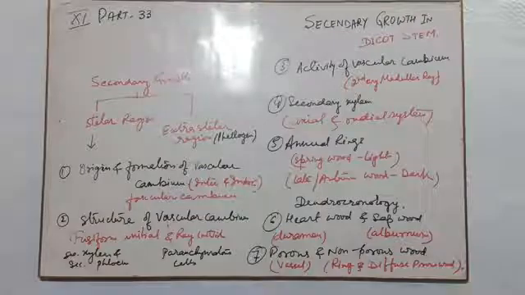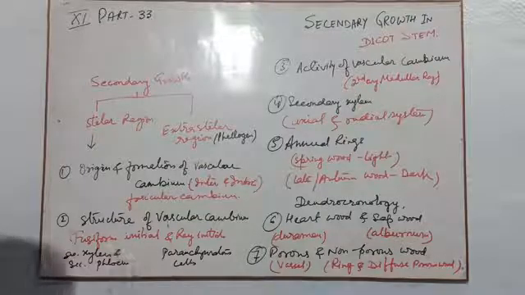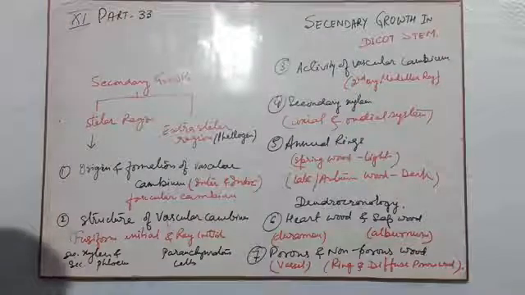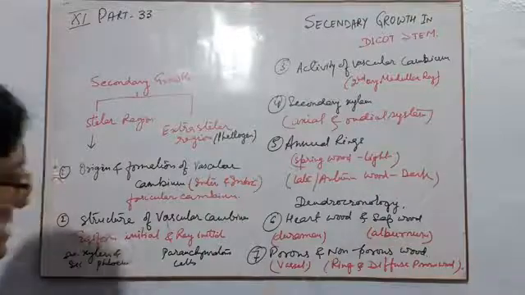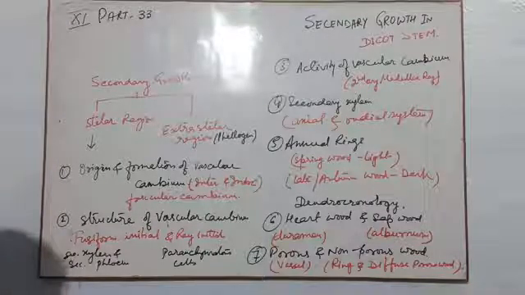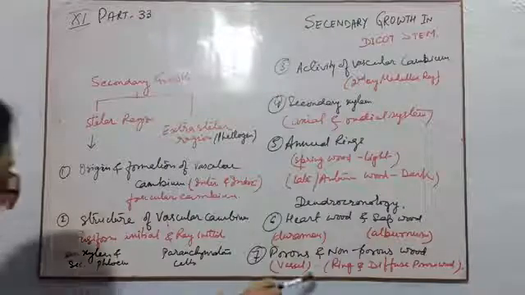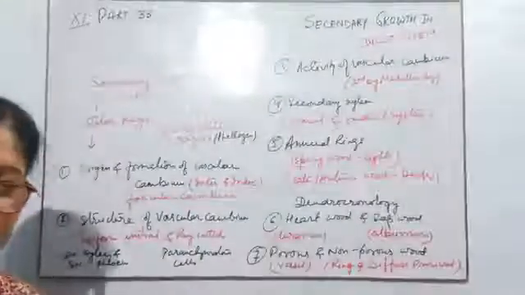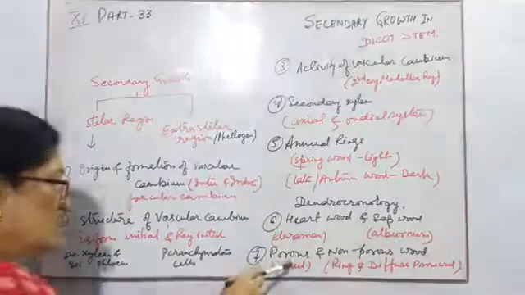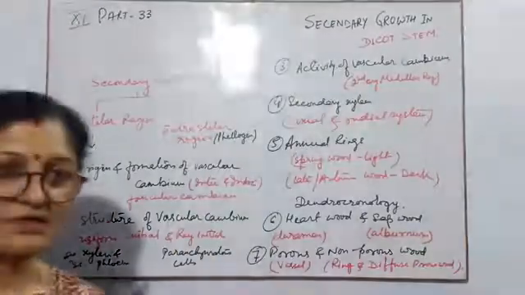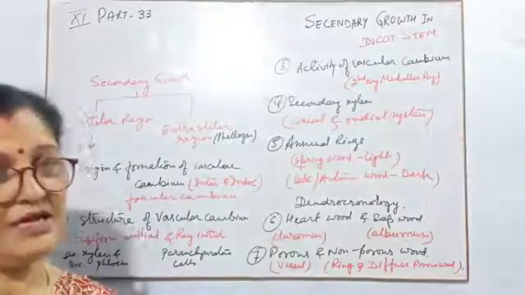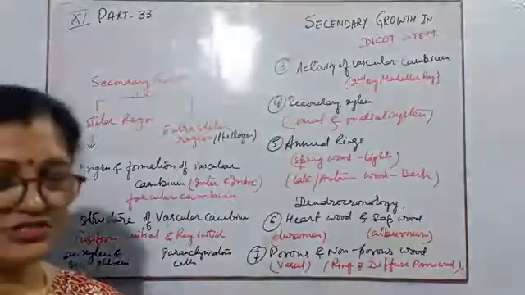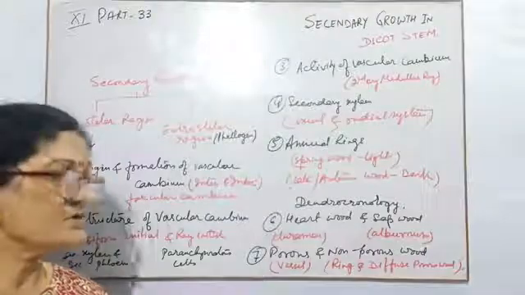If it forms a ring, that means a fully completed non-porous area, but if it is diffused, then sometimes the vessels were alive when it was already made as wood, and then they finally changed into wood. So it becomes diffuse non-porous wood.